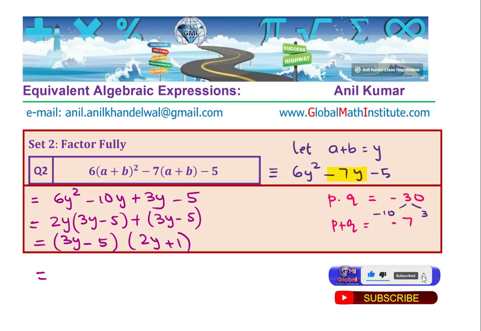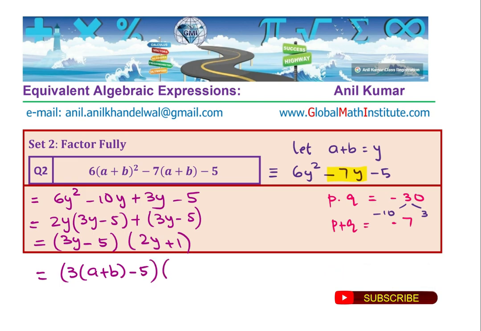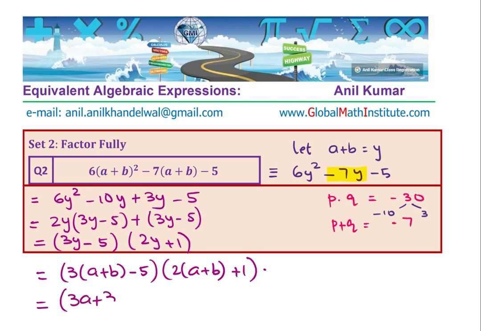So we'll rewrite our answer as 3 times a plus b minus 5 times 2 times a plus b plus 1, correct? And that is equal to 3a plus 3b minus 5 times 2a plus 2b plus 1. Makes sense? So that becomes our final answer.